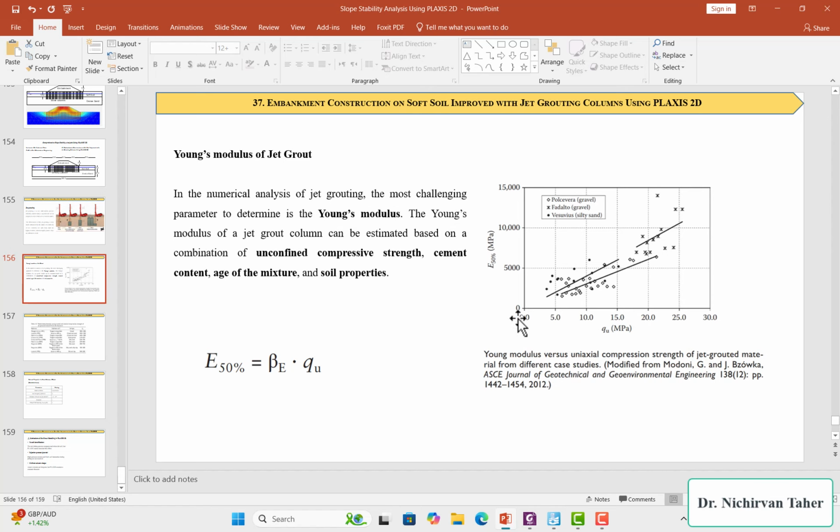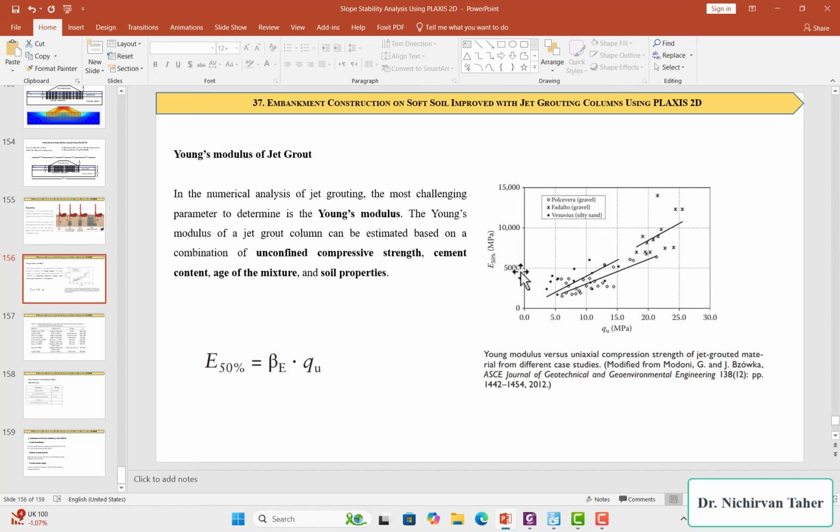In the x-axis we have the uniaxial compression strength of jet grout material, and in the corresponding y-axis we have E50, which means the secant modulus of elasticity of the jet grout material. So we can see the ranges of the modulus of elasticity from these figures, and we can see it depends on the uniaxial compression strength of the jet grout material.